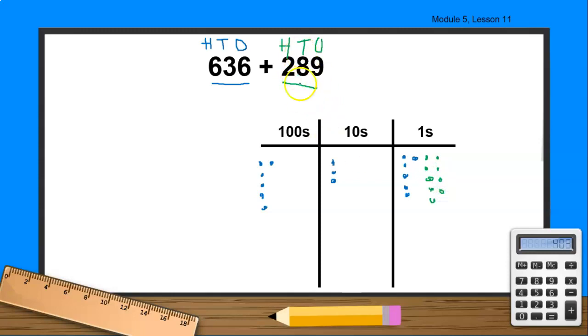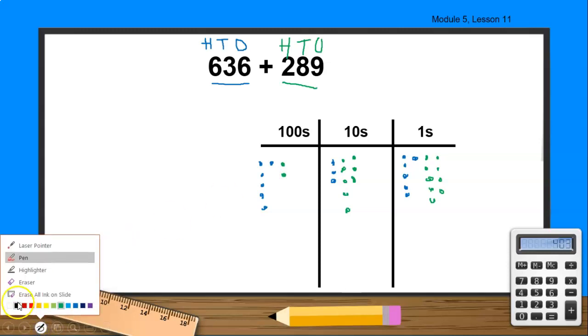This 8 tells me that I draw 8 tens. 1, 2, 3, 4, 5, 6, 7, 8. And then this 2 tells me that I draw 2 hundreds. 1 and 2. I am done with key point number 2, model the addends.